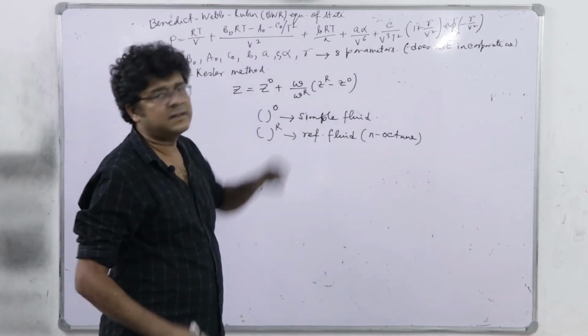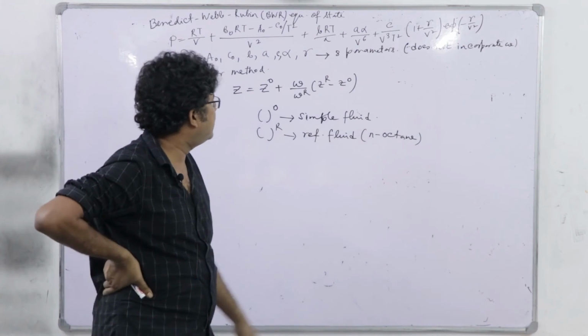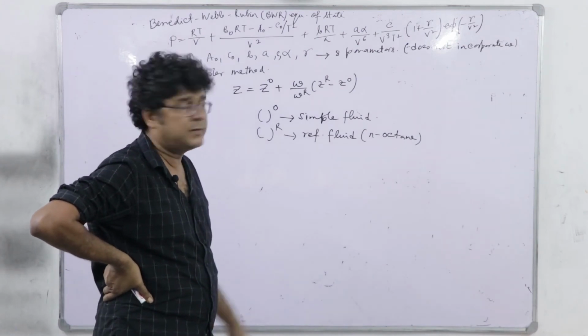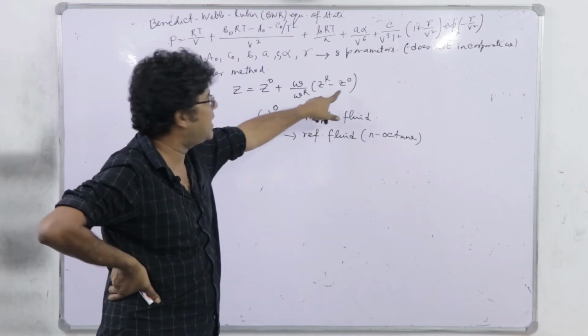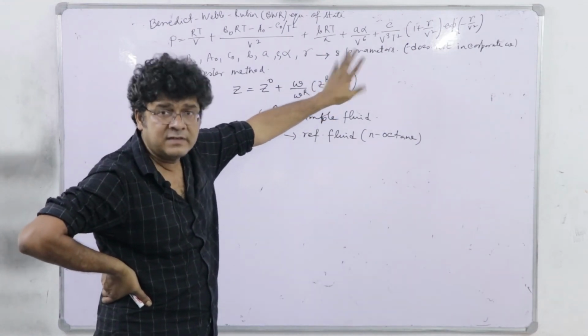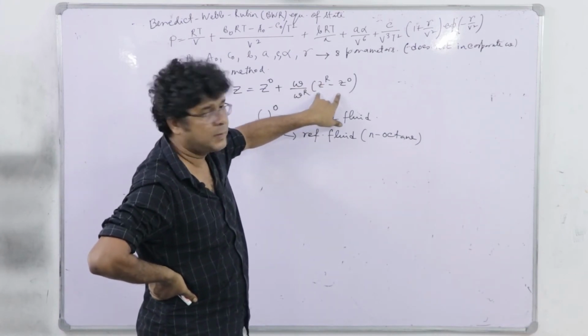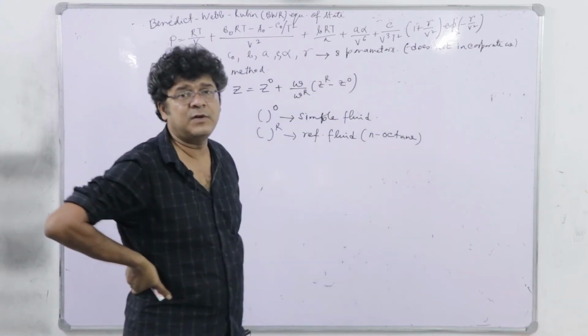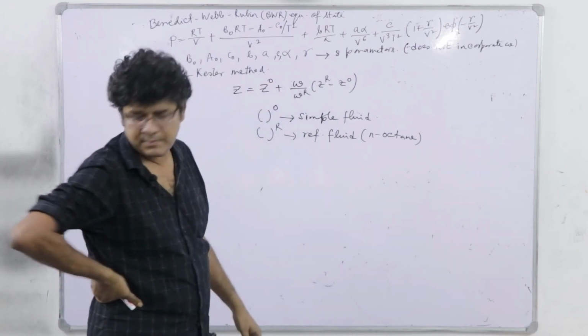So, Zr minus Z naught is the deviation of the reference fluid compressibility factor from that of the simple fluid. As Z is a linear function of omega, and omega for the simple fluid is 0, they have simply divided by omega r. It is typically an application of the unitary method, multiplied by omega and added to Z naught.